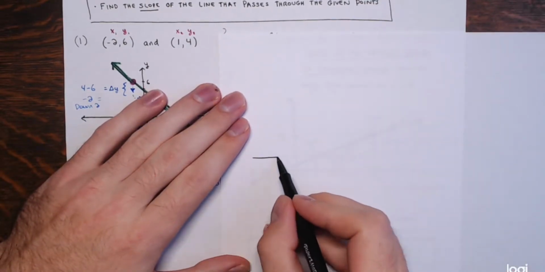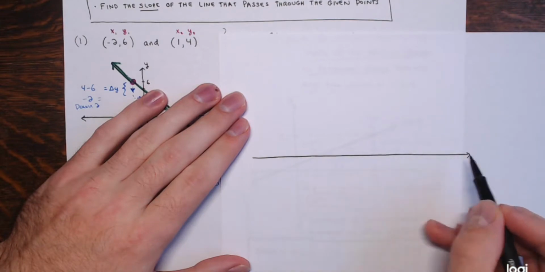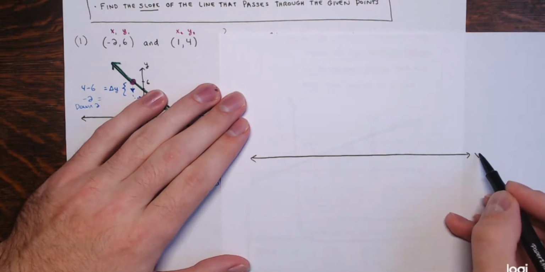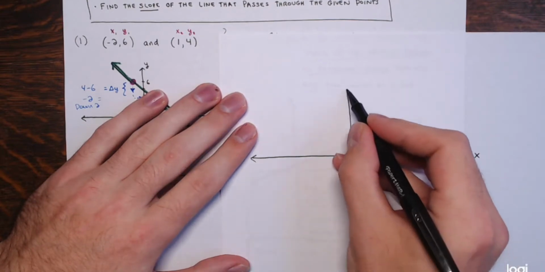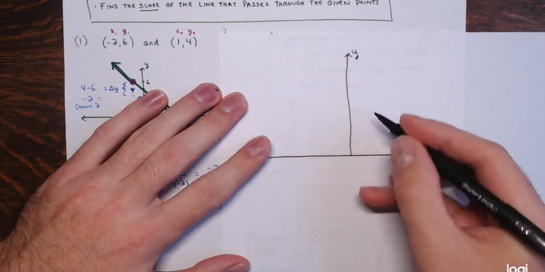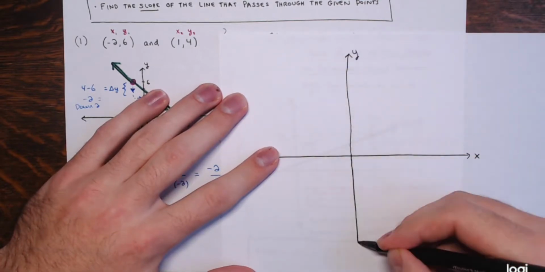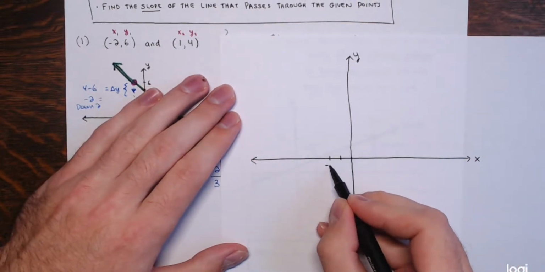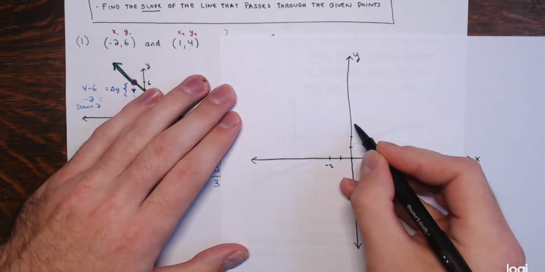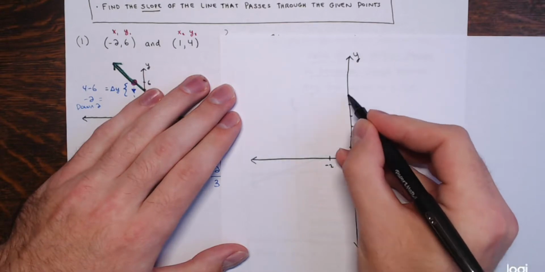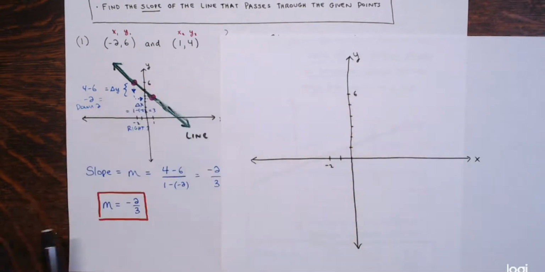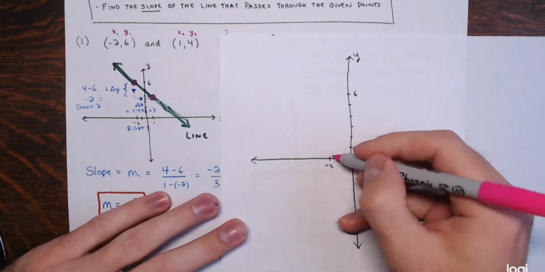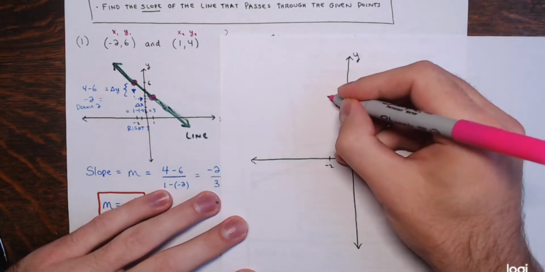So here's the x-axis, the y-axis, and we had negative 2, 6. So I'll make my picture on the left side bigger.